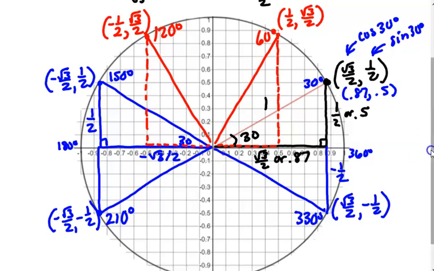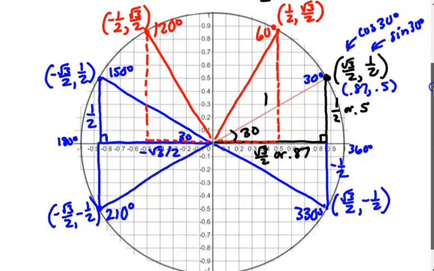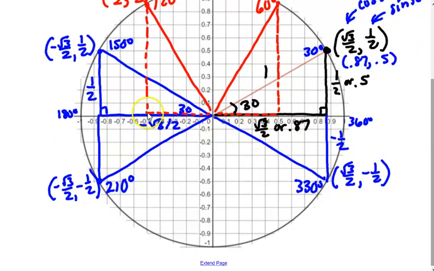Moving down now into quadrant 3, I'm going to take this triangle and basically flip it upside down into quadrant 3. So the adjacent side remains negative 1/2, but the opposite side now is also negative square root of 3 over 2. This angle is 180 plus 60, so this would be 240.